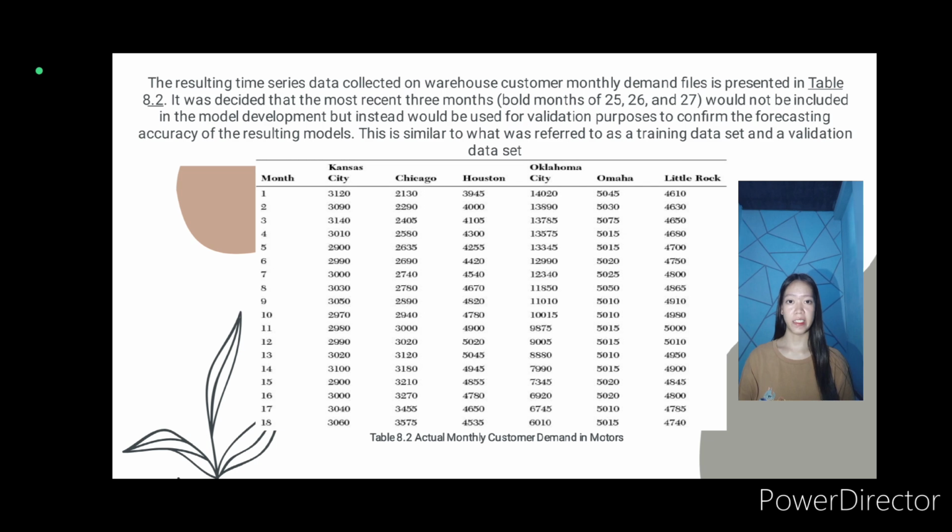It was decided that the most recent 3 months, months 25, 26, and 27, would not be included in the model development, but instead would be used for validation purposes to confirm the forecasting accuracy of the resulting models. This is similar to what is referred to as a training dataset and a validation dataset.